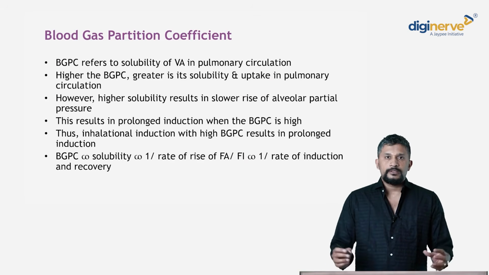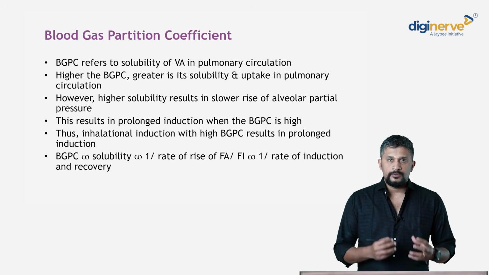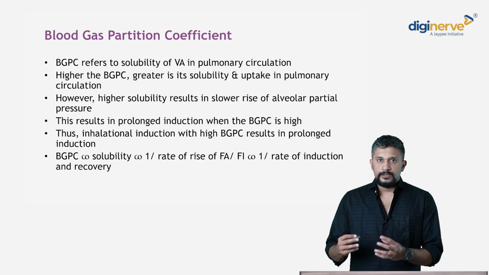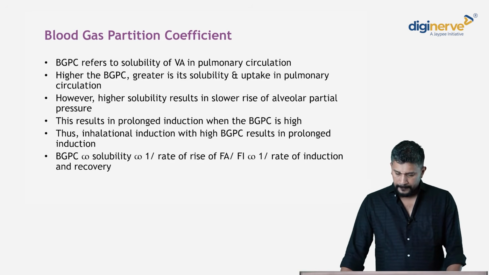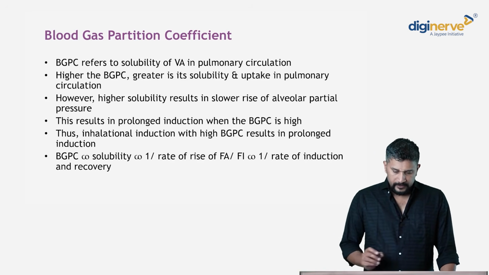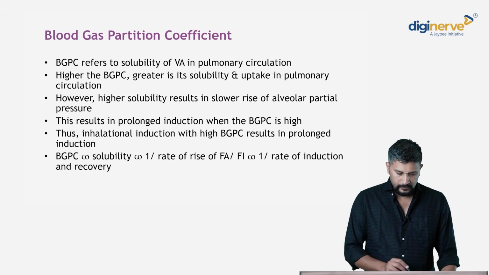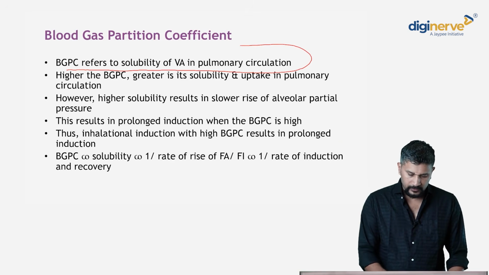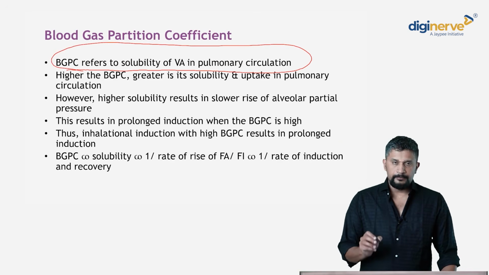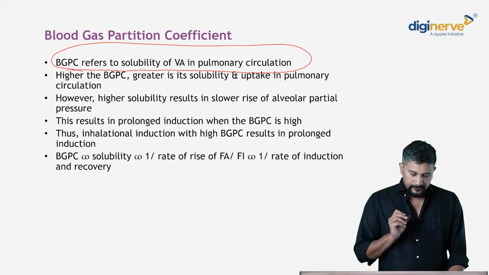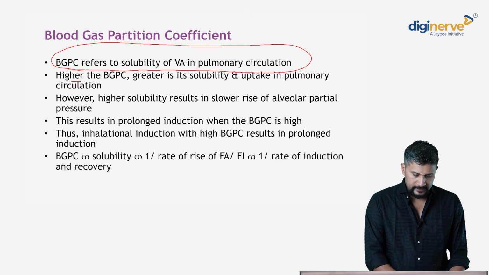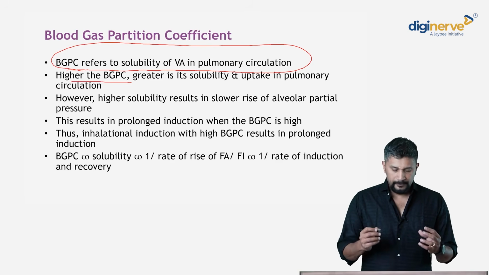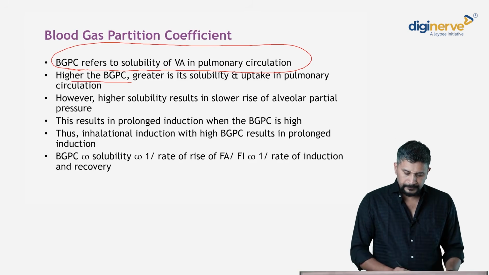And so it follows that your blood gas partition coefficient is inversely proportional to the rate of onset of anesthesia. So this is something which we need to remember. Blood gas partition coefficient refers to the solubility of the volatile anesthetic in the pulmonary circulation. So like we have seen, higher the blood gas partition coefficient, greater is its solubility and uptake in the pulmonary circulation.